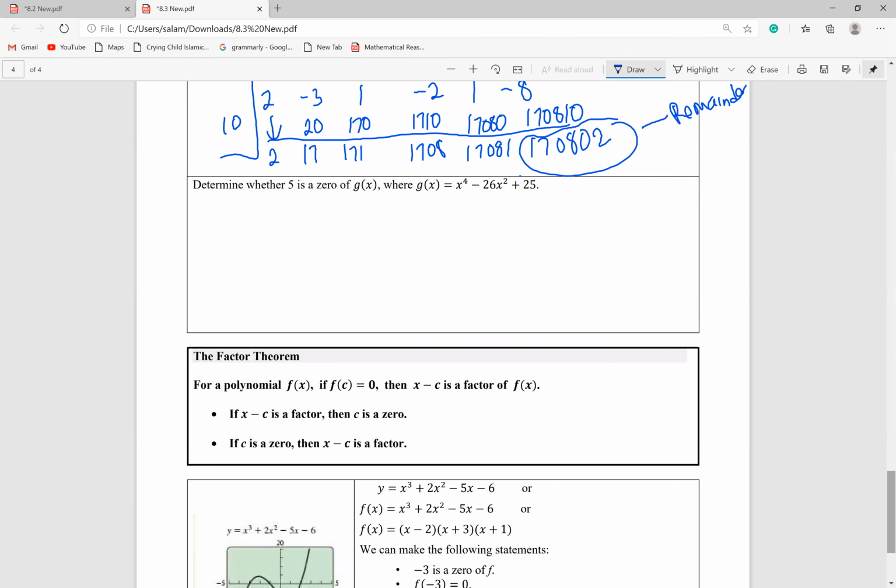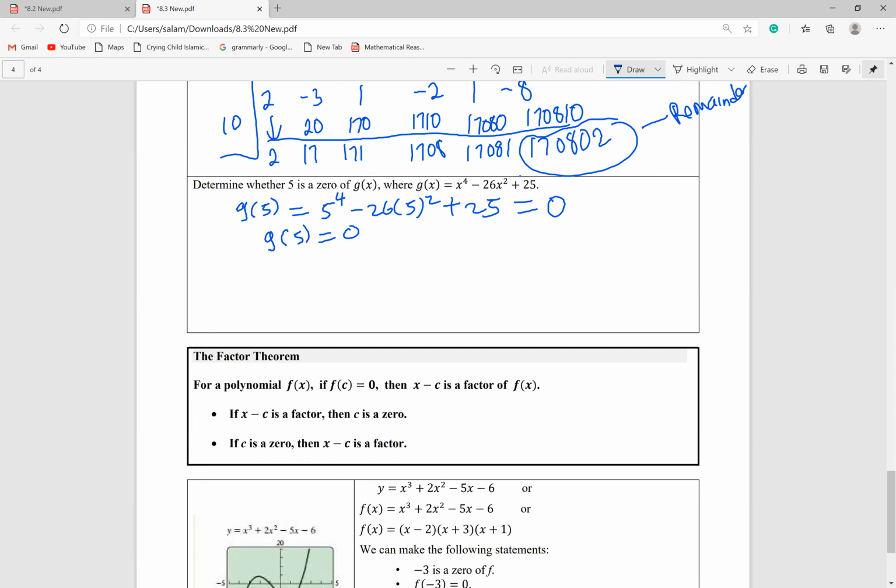And if we get a 0, then 5 is a 0. So simply we want to find g of 5, which should be equal to 5 raised to the power 4 minus 26 times 5 squared plus 25. If you use a calculator, you get 0. That's what I got. So this means that g of 5 equals 0.